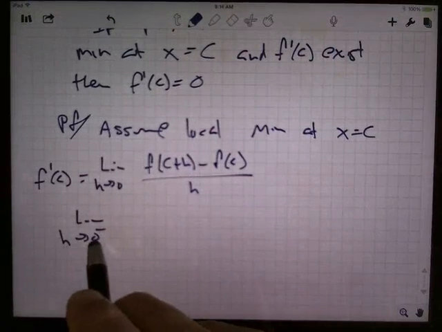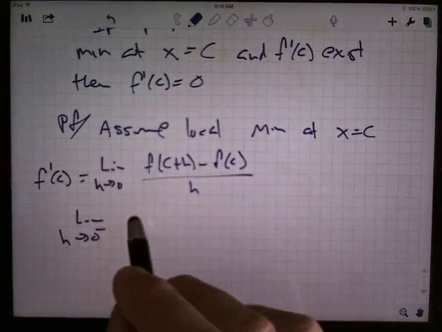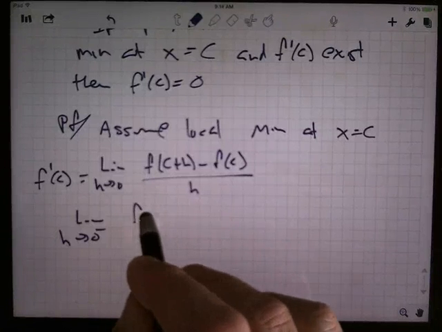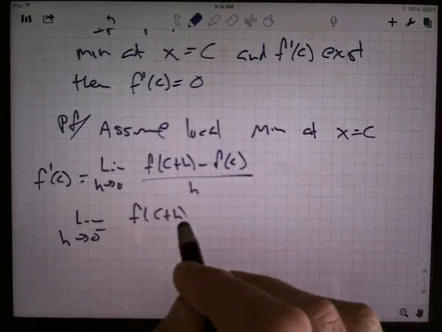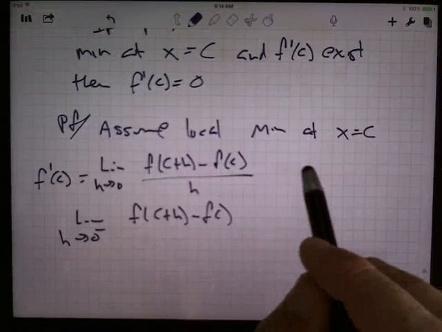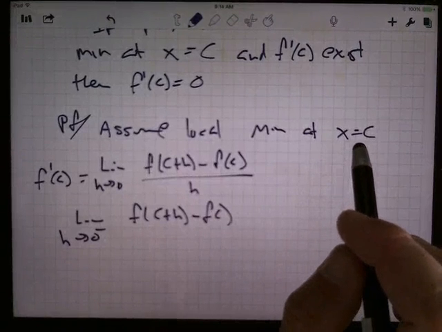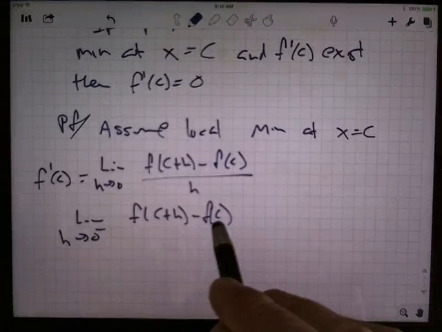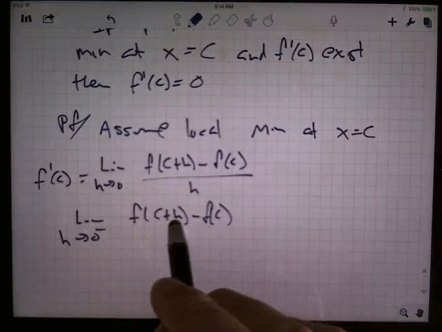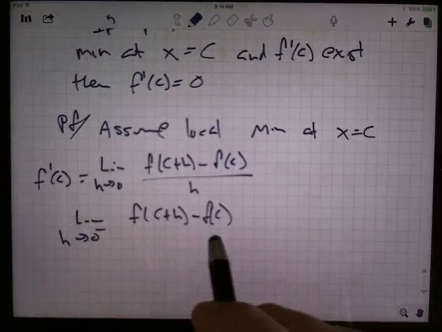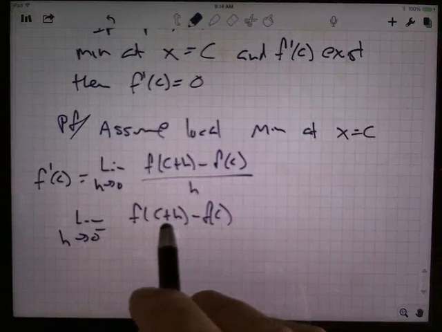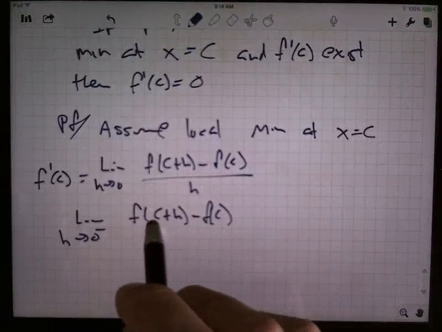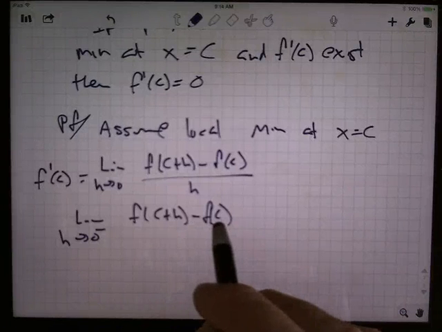So if I'm approaching 0 from the left, h is negative, right? And this f of c plus h minus f of c, well, if they've got a local min here, then f of c is smaller than f of c plus h, right? So this is the smaller value, this is the bigger value, and so this difference here is positive.